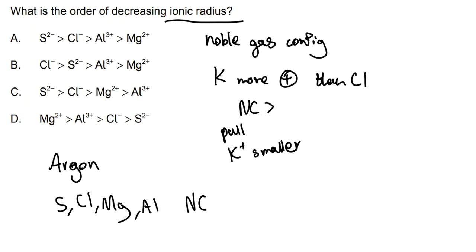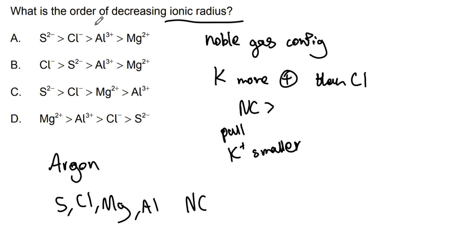If the nuclear charge for sulfur is lower than chlorine, then sulfur will have less of a strong pull between the nucleus and the outer electron clouds. So a weaker pull with the outer electron clouds means that sulfur will have a larger ionic radius. So sulfur is going to be larger than chlorine.